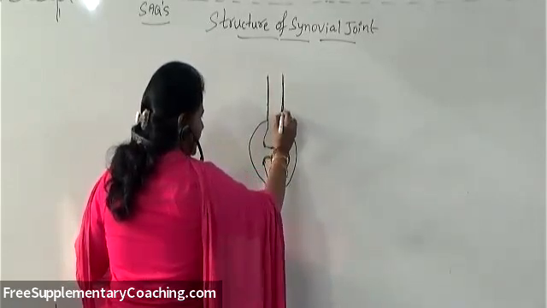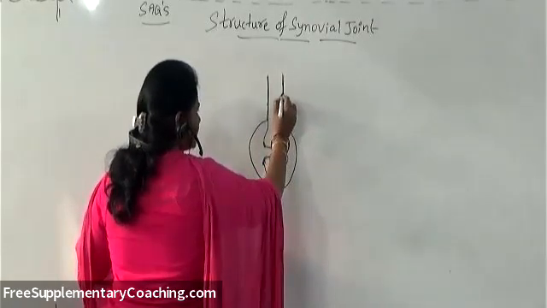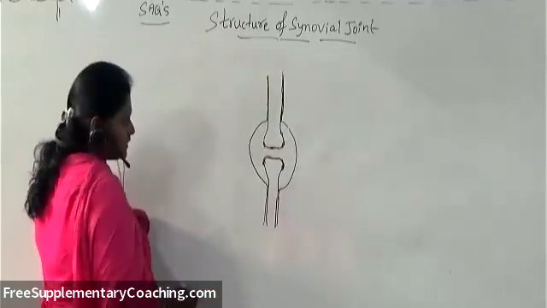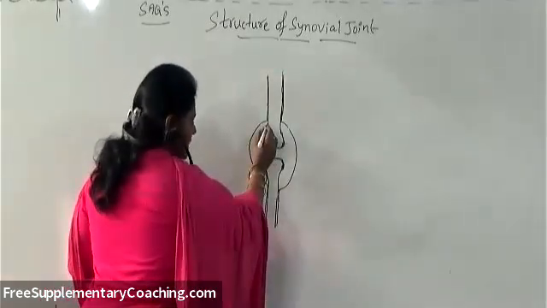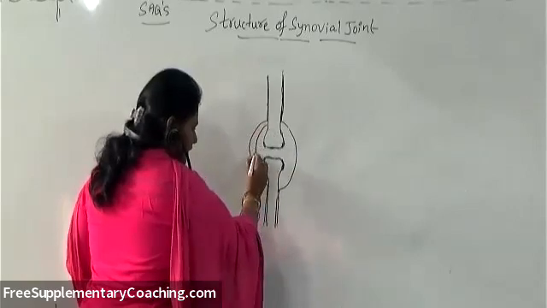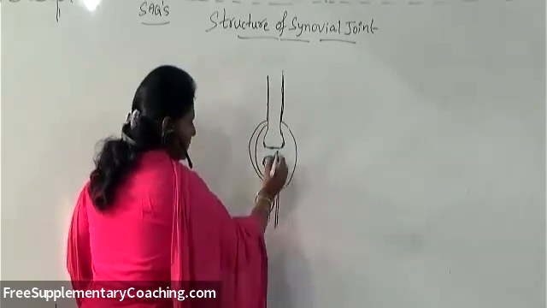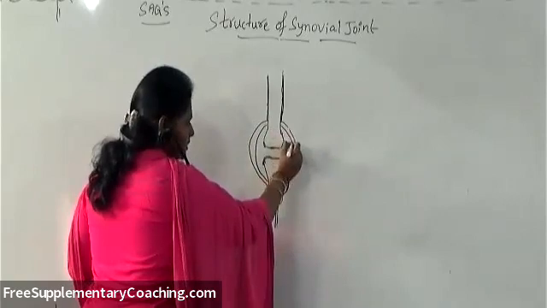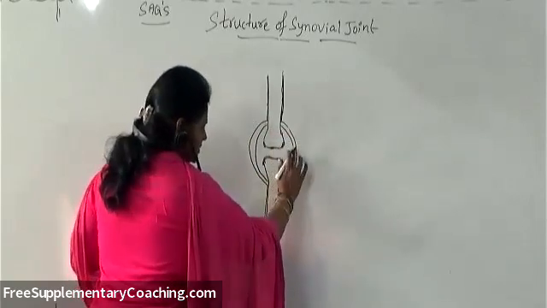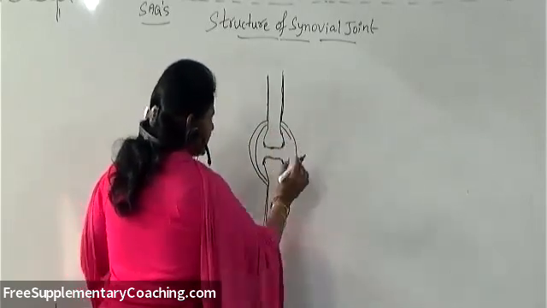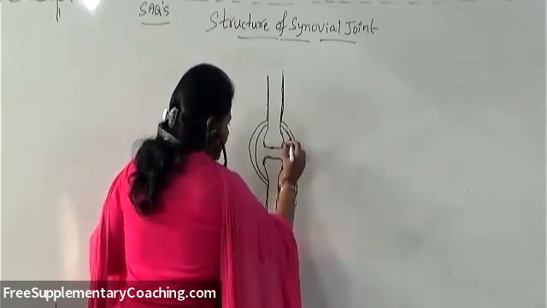That outer layer is continued with the periosteum of the bone. And again show the inner layer, made up of areolar connective tissue and elastic fibers.